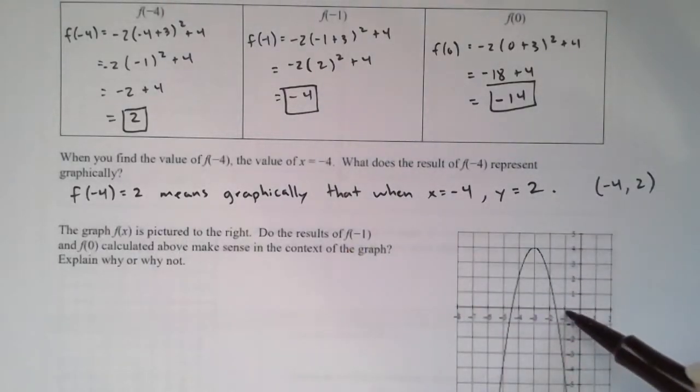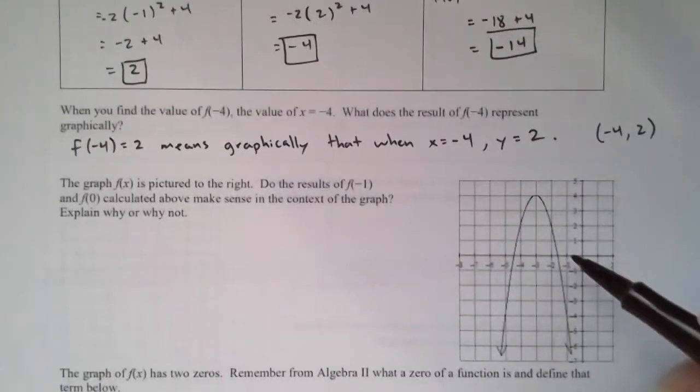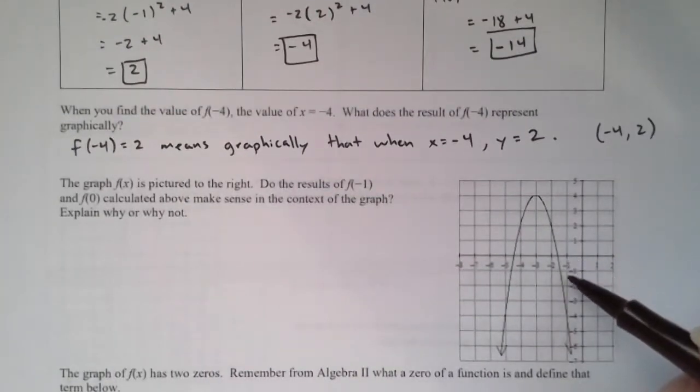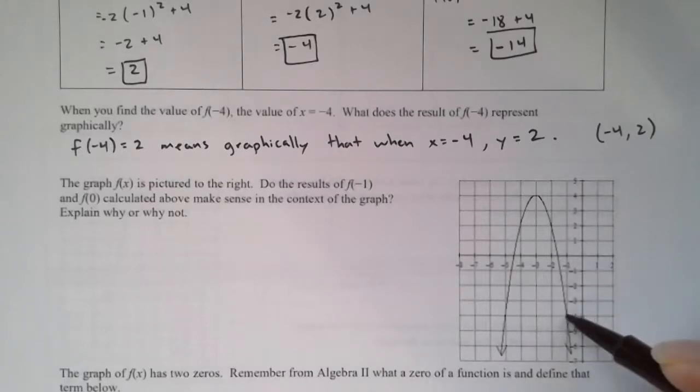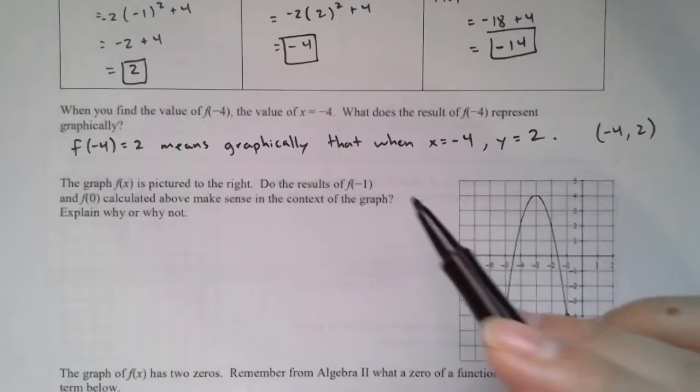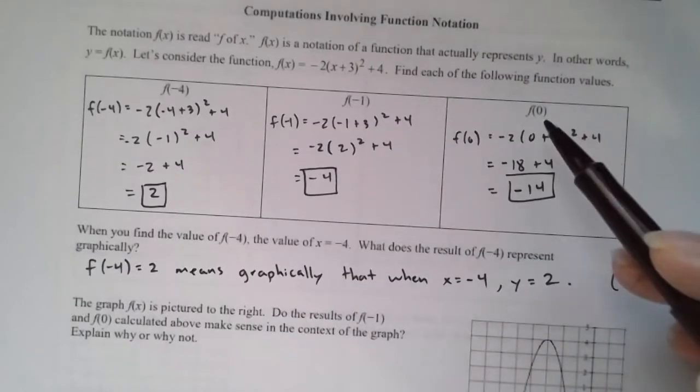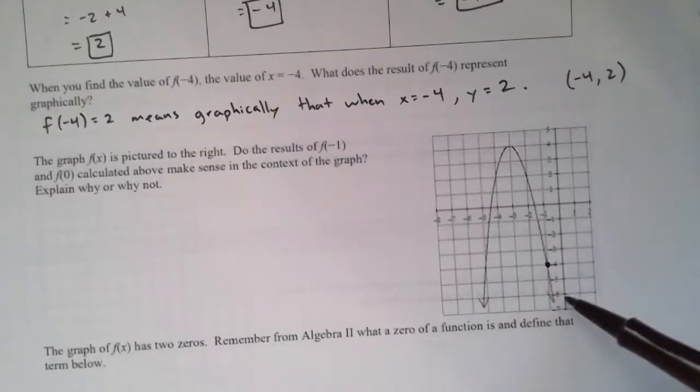So here's -1 for x, and I got -4. So it's this point there. For f of 0, I got -14. That's actually out of frame.